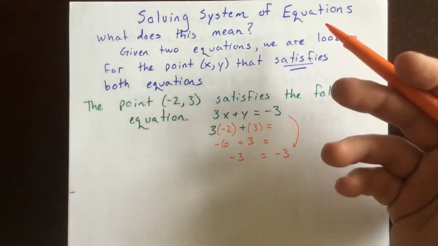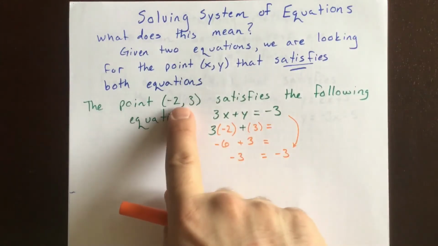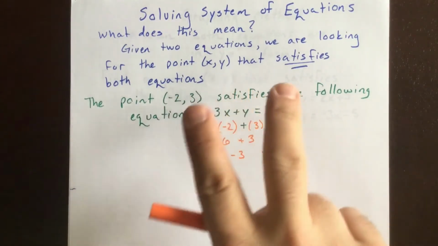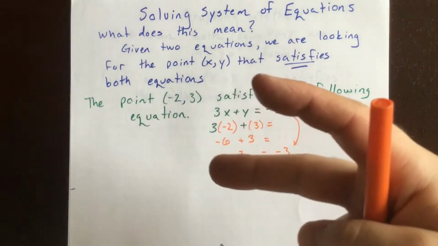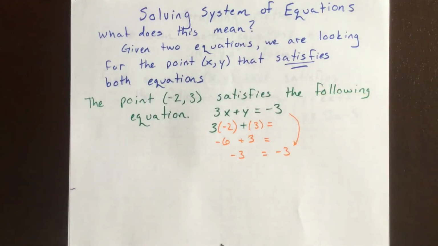So to solve a system, we look for one point that satisfies two equations, and you'll have these two equations given to you. And there are different methods of solving these problems.